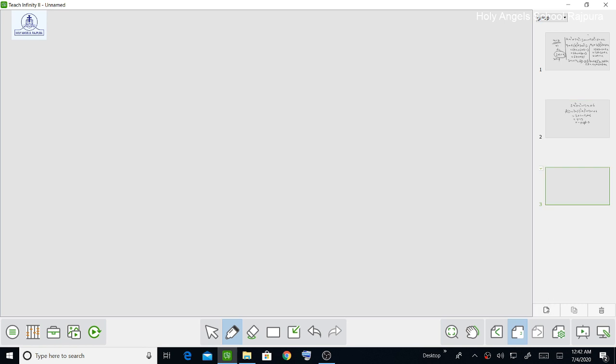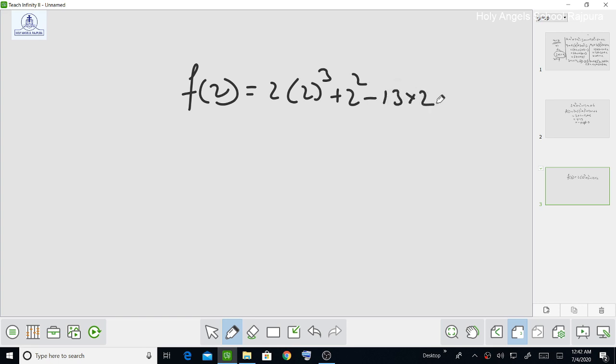I am trying with the number 2, f(2). In the given polynomial, you put x is equal to 2: 2 into 2 cube plus 2 square minus 13 into 2 plus 6.